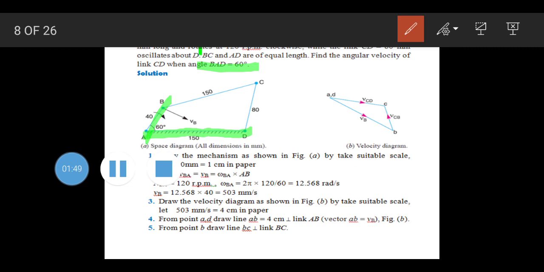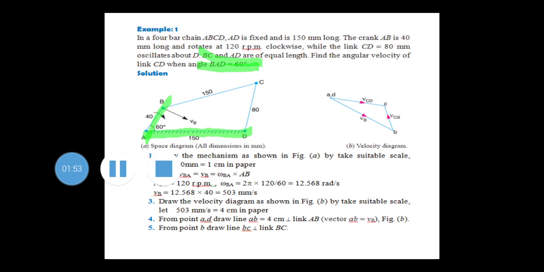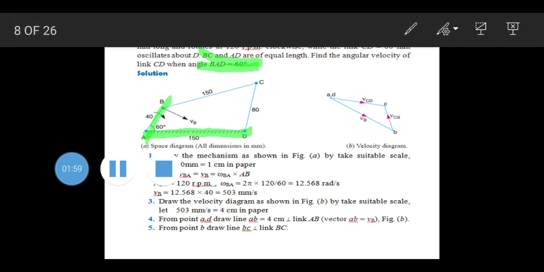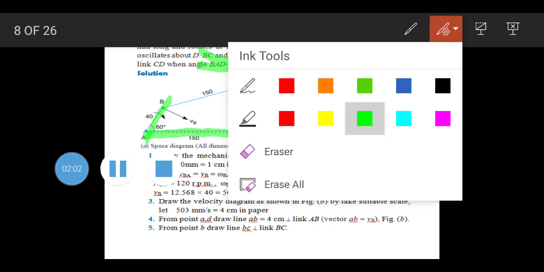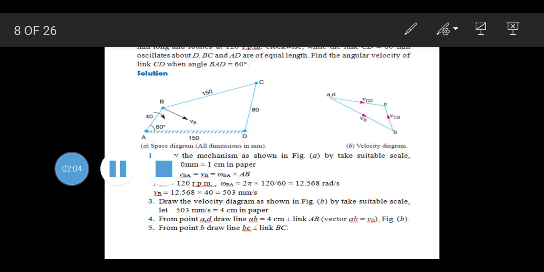Also, AB is given as 40. According to the scale, 1 centimeter equals to 10, AB will be 4 centimeter. Like this we need to construct this space diagram.